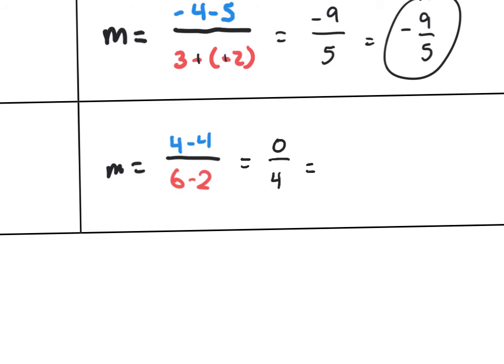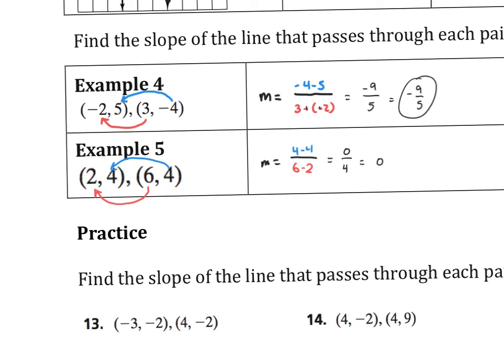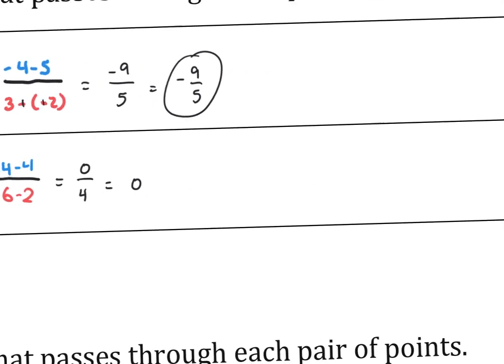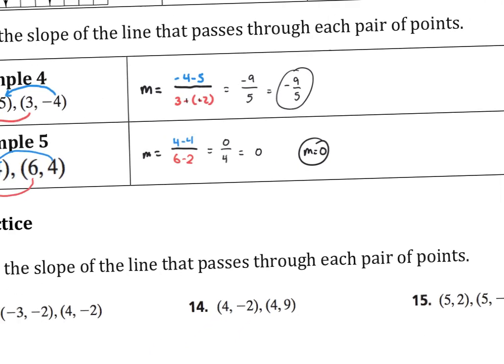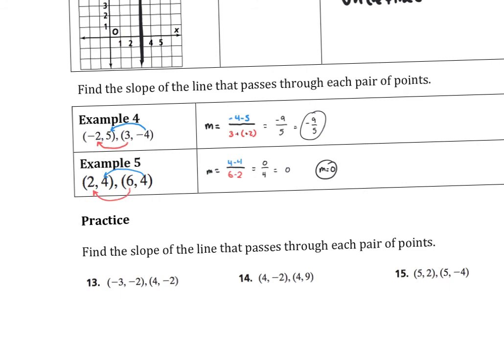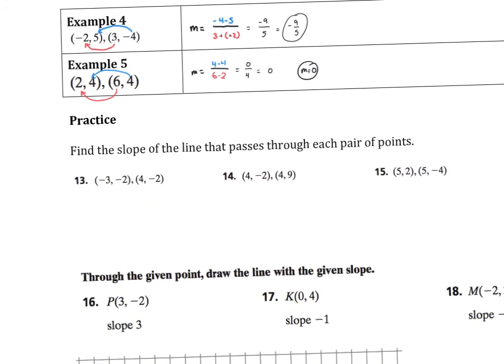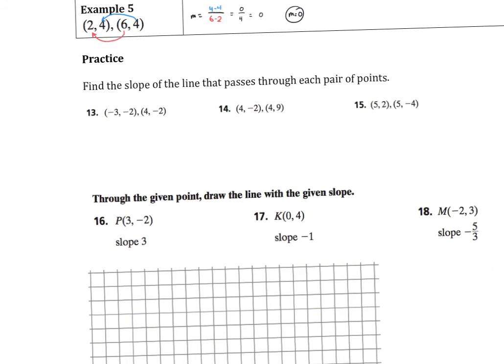And 0 divided by anything except itself is going to be 0. So we do know that this is a horizontal line whose slope is 0, but the answer is m equals 0. That's the answer, m equals 0, because that's what it asked me to find, the slope. It didn't ask me to tell me about the line. All right, please go ahead and practice 13, 14, and 15.